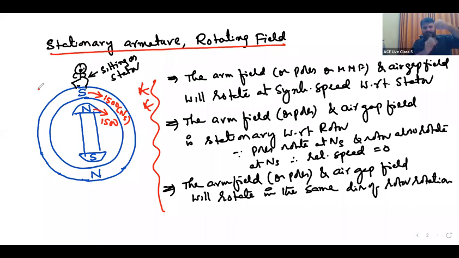But the armature poles with respect to the rotor have zero relative speed. Armature poles rotate in the same direction as the rotor rotation: if the rotor rotates clockwise, the poles rotate clockwise, and if the rotor rotates counterclockwise, the poles also rotate counterclockwise. But with respect to the stator, the poles rotate at synchronous speed, because the stator is zero speed and the stator poles are Ns. What is the relative speed? Ns minus 0 is equal to Ns.